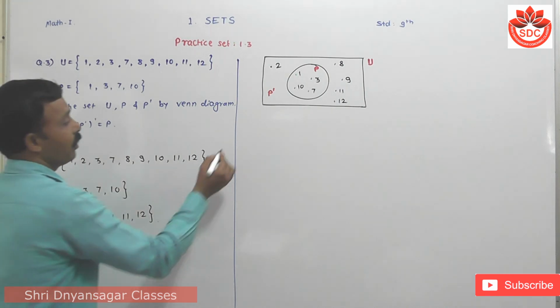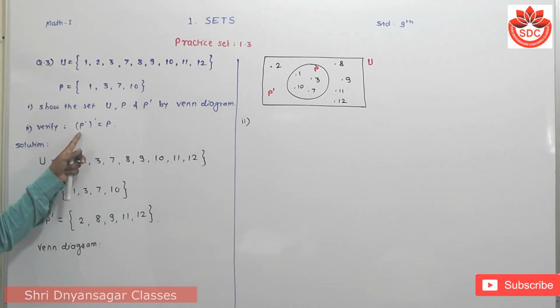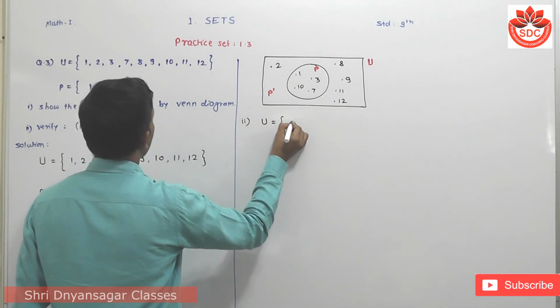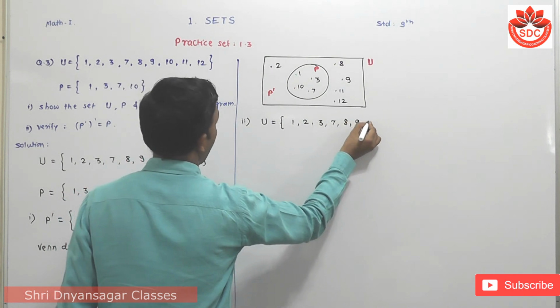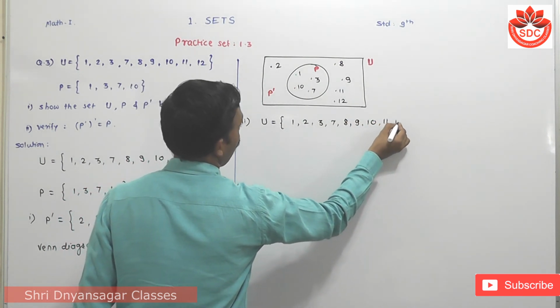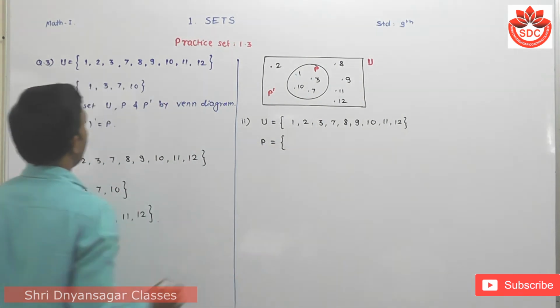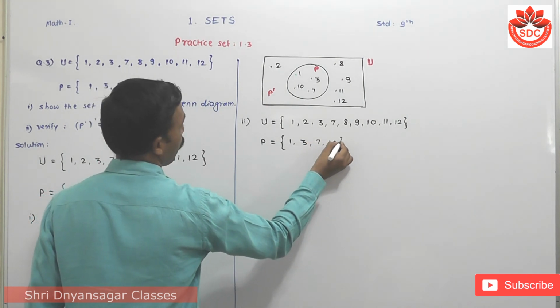Then we see the second question. Verify that the complement of P's complement is equal to P. Here student, U is given as 1, 2, 3, 7, 8, 9, 10, 11 and 12. Then P is given here. P is the set of 1, 3, 7, 10.